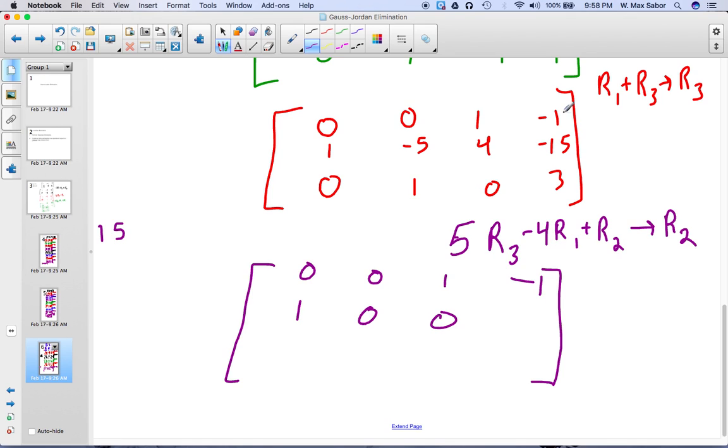Negative 4 times R1, so that's positive 4, plus R2, that's minus 15. So that ends up with 4, and then 0, 1, 0, 3.